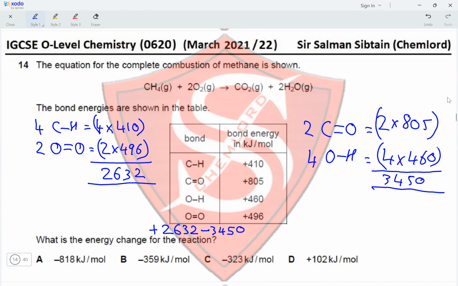And when we subtract 3450 from 2632, we end up with a value of negative 818 kilojoules per mole, which makes option A the correct option for this question.